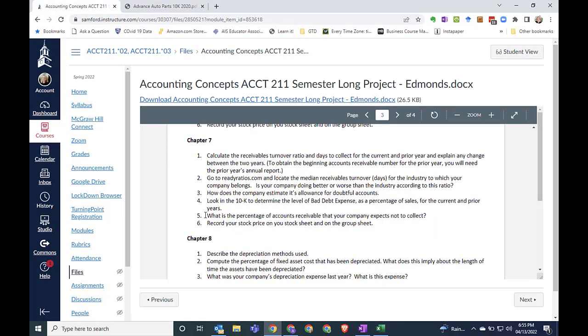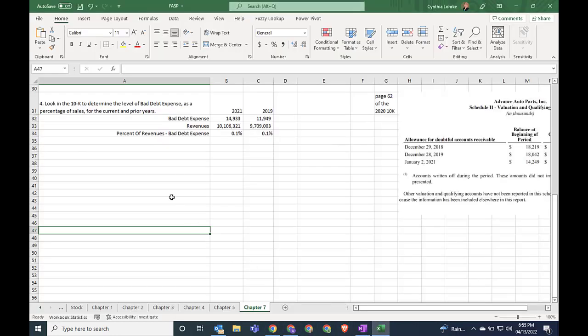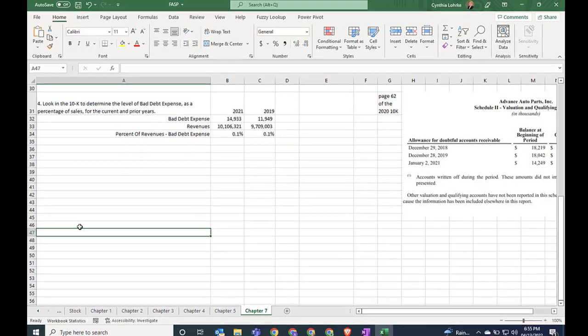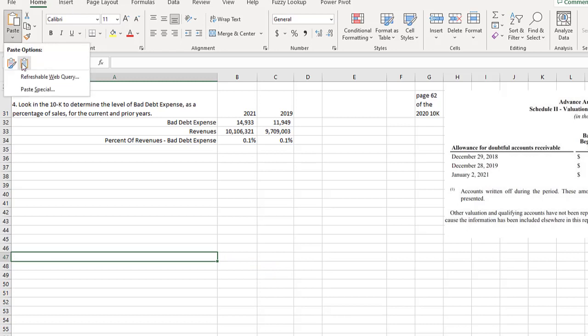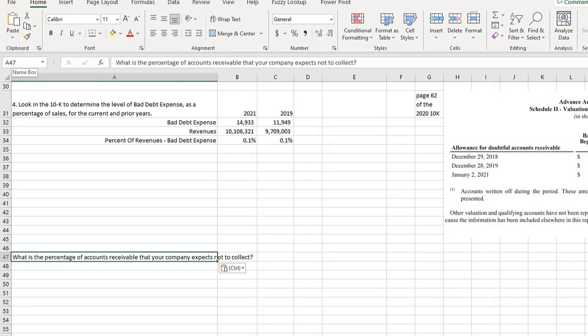So number 5 is, what is the percentage of accounts receivable that your company expects not to collect? I'll copy that here. Put in number 5.